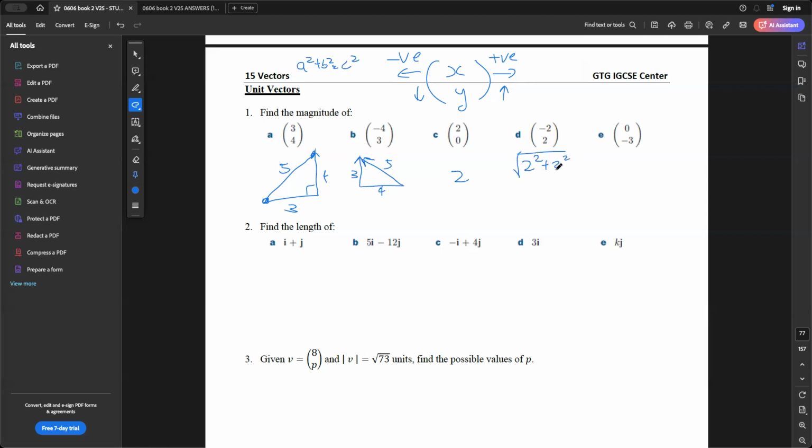Square root this answer, you will get square root of 8. Right, yeah. This one is also just 3, because the magnitude is just going down, right?